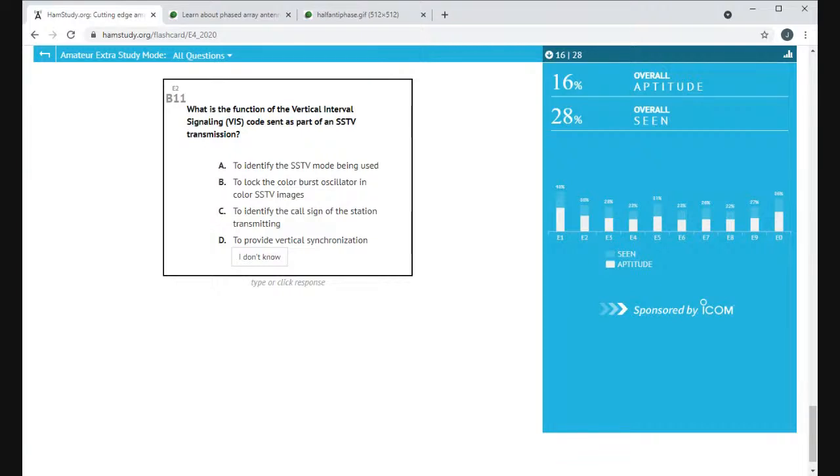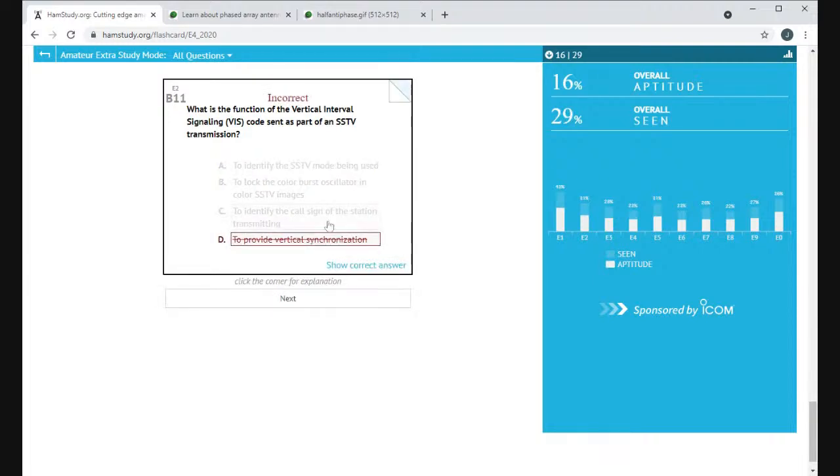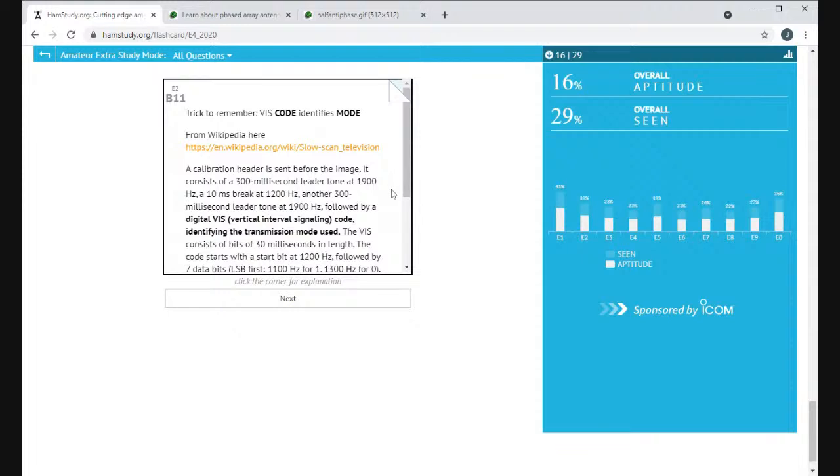C, to identify the call sign of the station transmitting. D, to provide vertical synchronization. I'm going to guess D. Nope. It was A, to identify the SSTV mode being used. Trick to remember, VIS code identifies the mode.